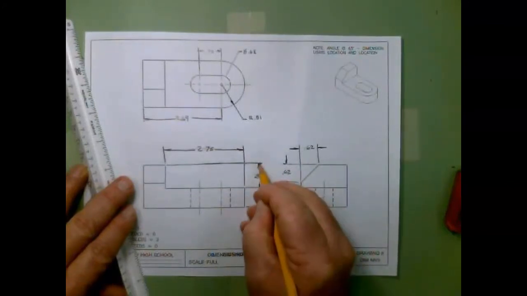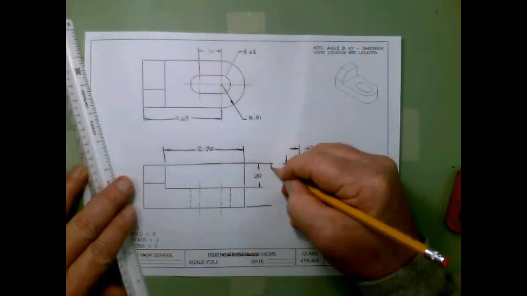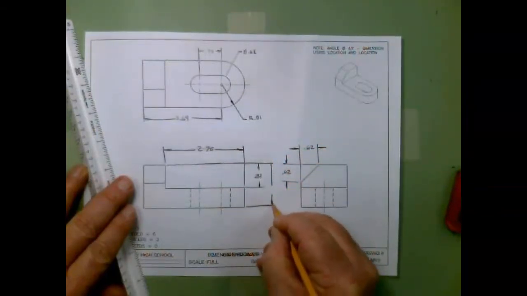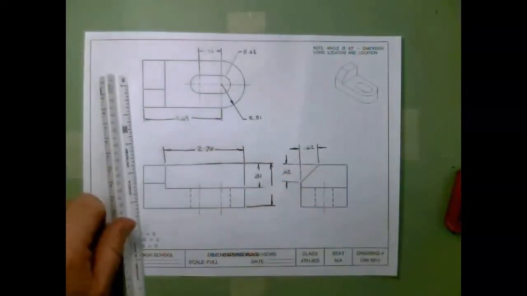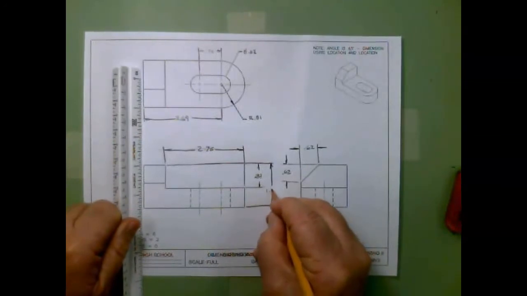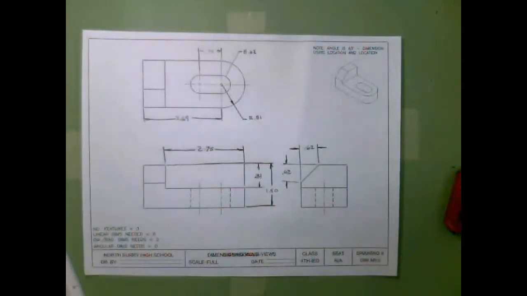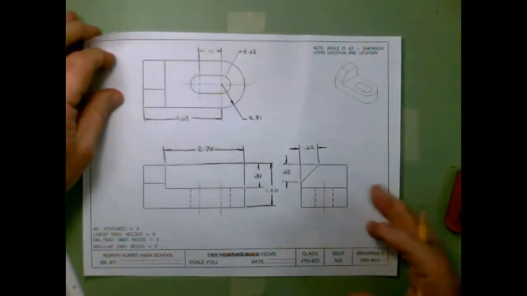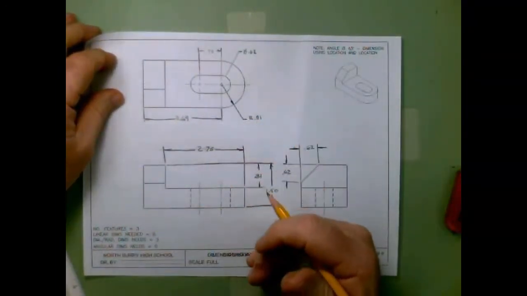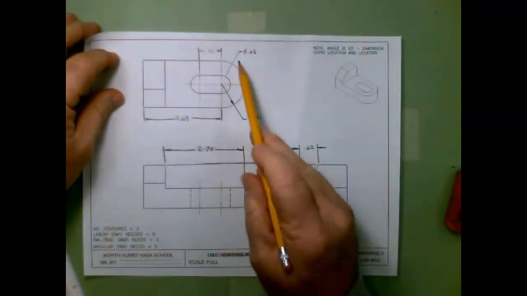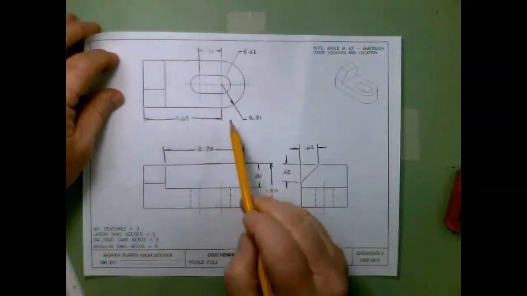I'm going to put it on the front view just because I like it there. Overall height of the object is 1.5. There you go. That one's done. Basically, all it is, they're common sense, right? Locate left to right, locate top to bottom, give it size, give overall height, width, and depth. The only odd thing is, with a fully rounded end, we are going to make them do a little math. Okay? Let's keep going.